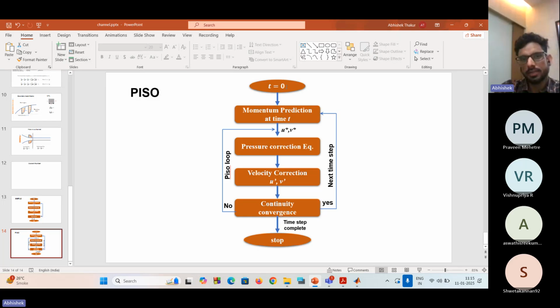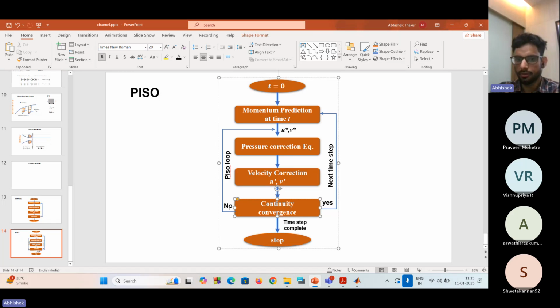First we have the initial condition at t equal to 0, then we predict momentum or UVP, that is velocity in x and y direction at time t. Then we solve the pressure correction, then we do some kind of velocity correction, and we look for the continuity and convergence.